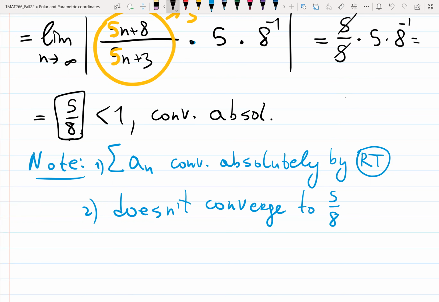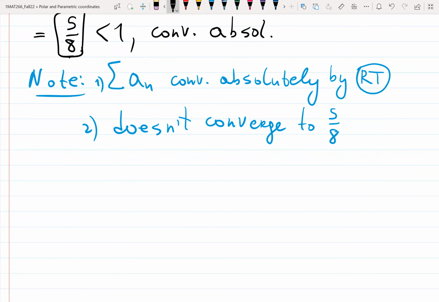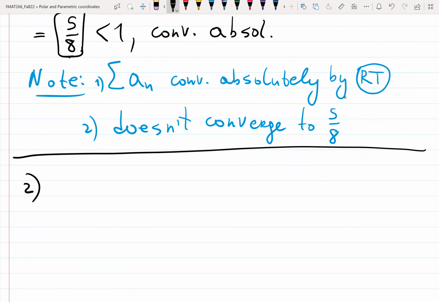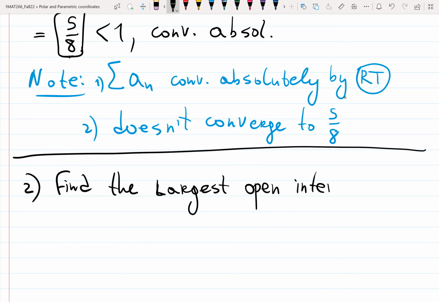Now let's practice the ratio test, but with unknowns. Example 2. For example, when we have x in it, this is the one that usually asks you to find the largest open interval of convergence and the radius of convergence of the series, and then we give you the series.